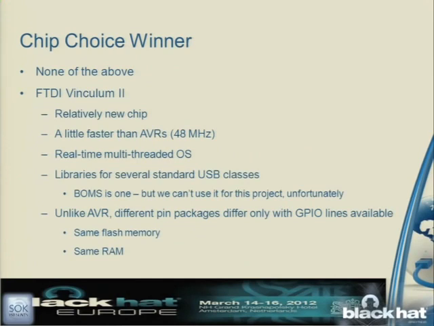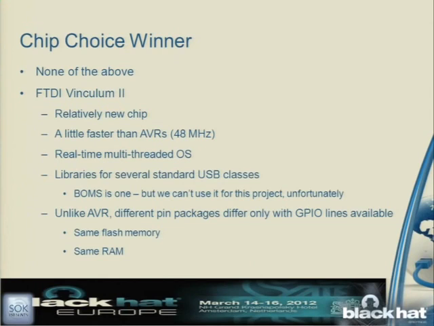I chose a microcontroller from a company over in Scotland, FTDI. Some of you may be familiar with this company. The older Arduinos, before the Arduino Uno, used FTDI chips for their USB interfaces. They're the USB people, is the way I would describe them. If it's USB, they're probably doing something with it.